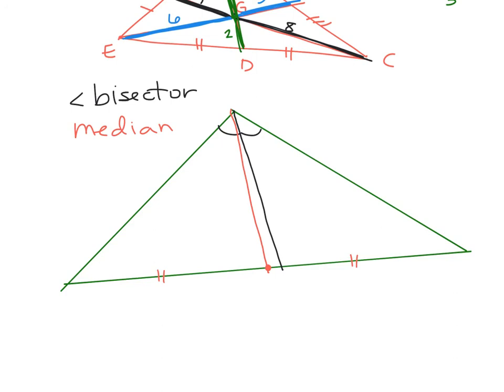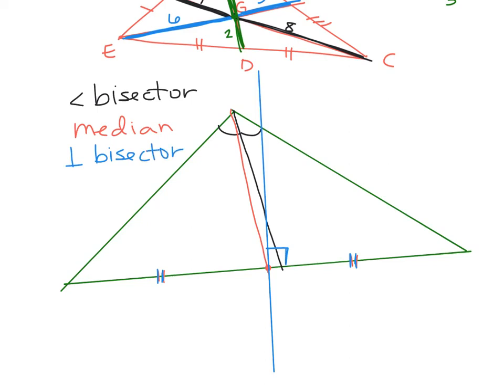Oh, that's terrible. Let's see if I can. Okay, what if I went perpendicular through the midpoint? What's that one? It's perpendicular and it's cutting it in half. That's perpendicular bisector.